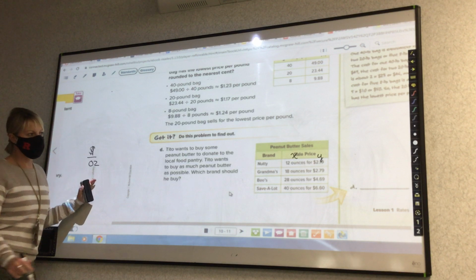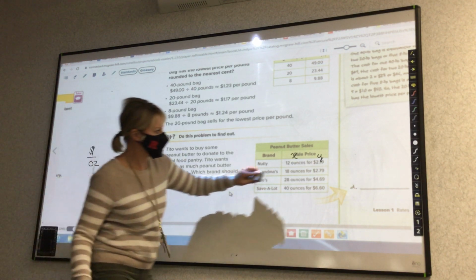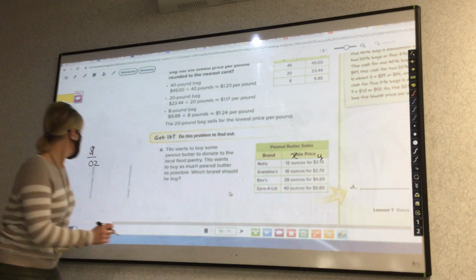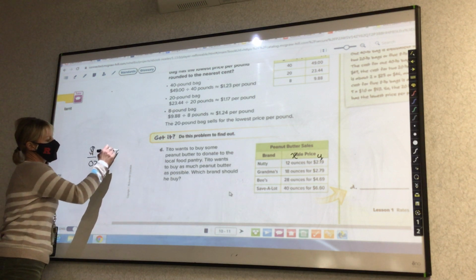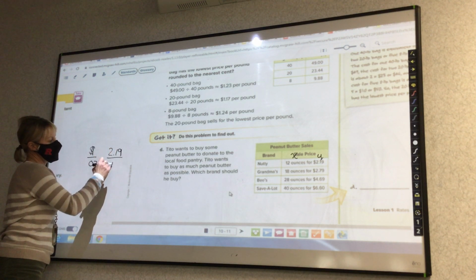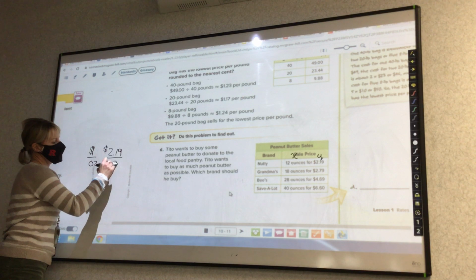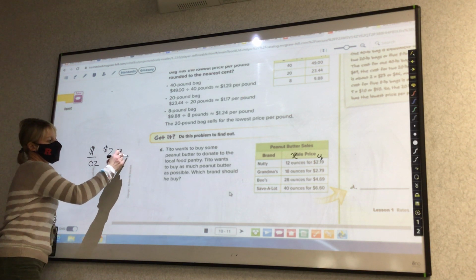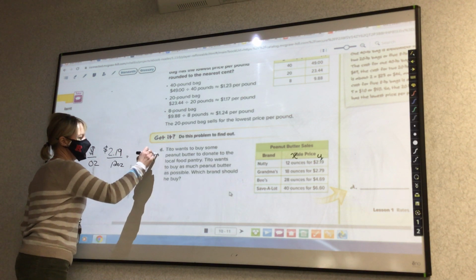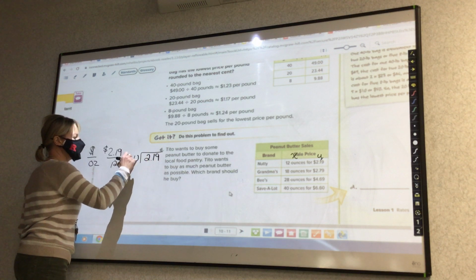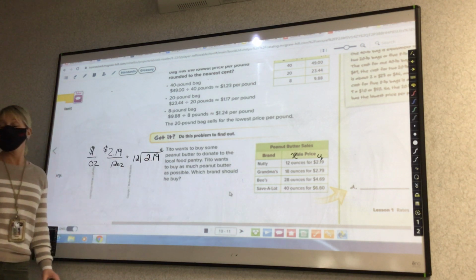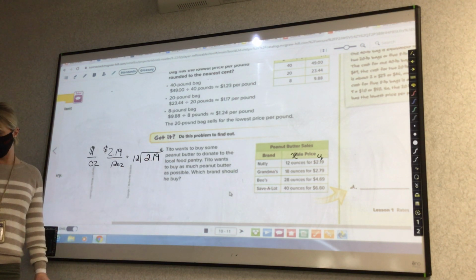Okay. So the cost would be, what is it, $2.19? Yeah. So I put $2.19 on top, divided by 12 ounces. Then I do $2.19 divided by 12 ounces, and what does that come out to be? You guys have a calculator?